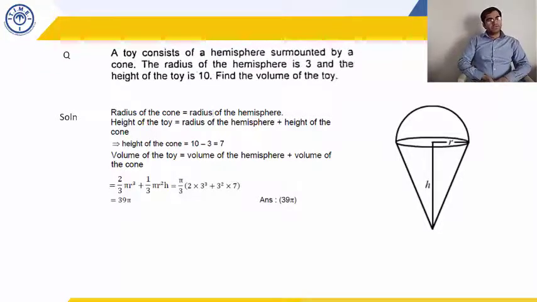Now some of you must be wondering, how come the answer is in terms of pi? If you have a fill in the blanks kind of question, then of course you cannot write 39 pi. But probably for this question, answer choices were given and all were in terms of pi. So you have to calculate the answer in terms of pi. So the answer is 39 pi.